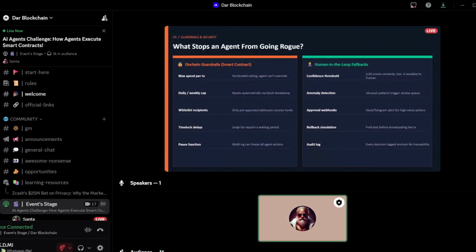Or, for example, getting manipulated by a malicious smart contract. All of these things could happen, and that's why security and guardrails are very, very important. Before monetizing any AI agent that you are developing, you need to focus on this part because it's the most important one.